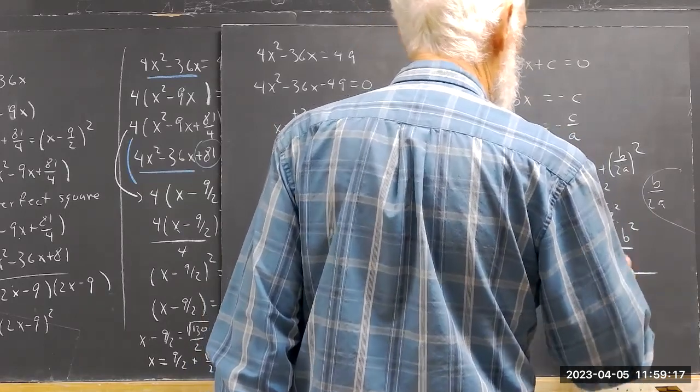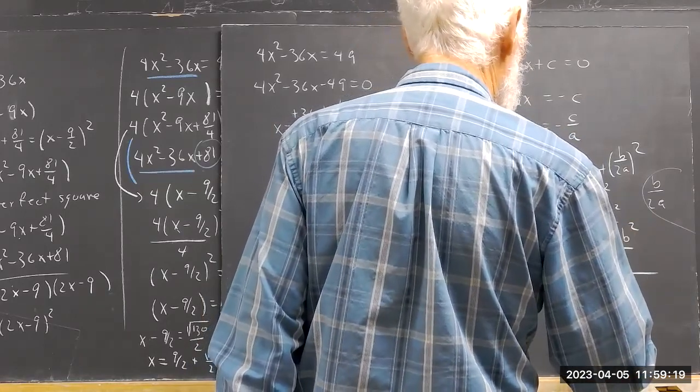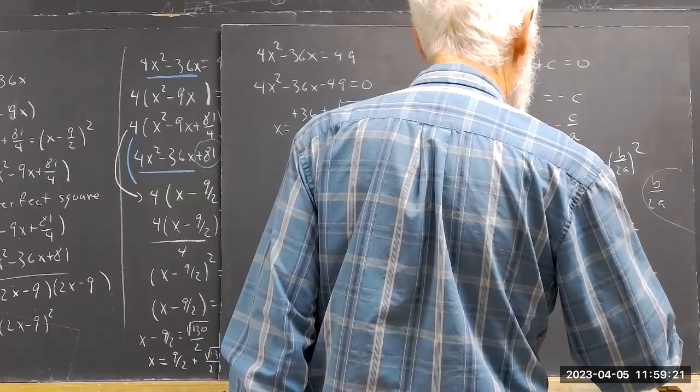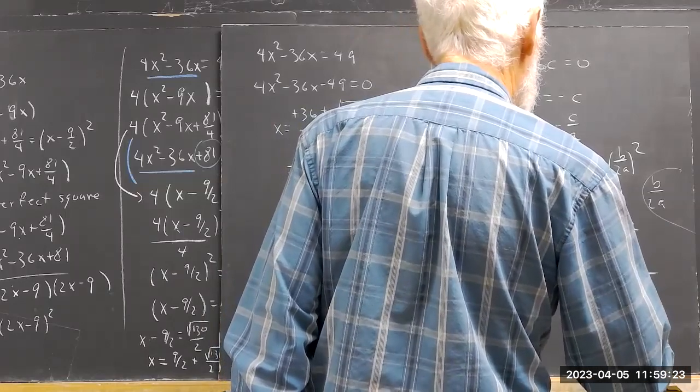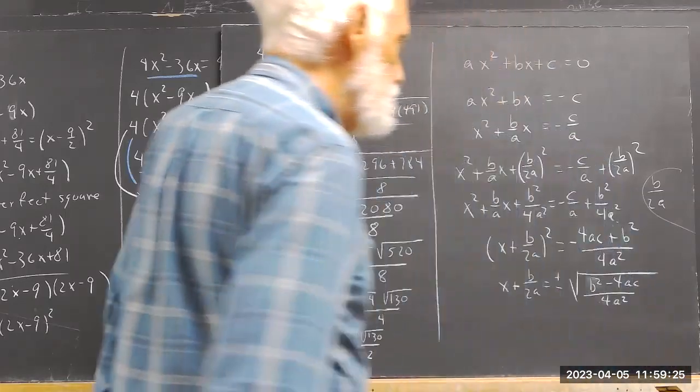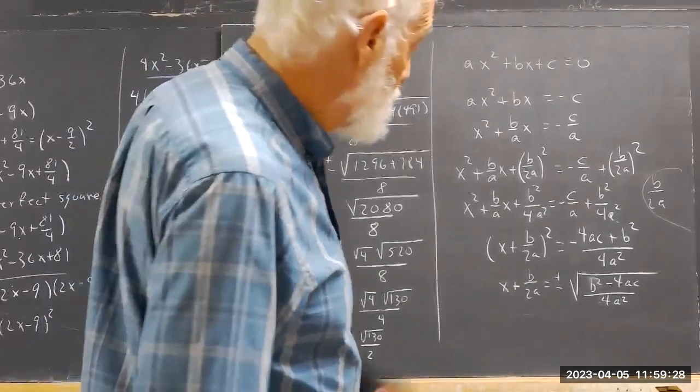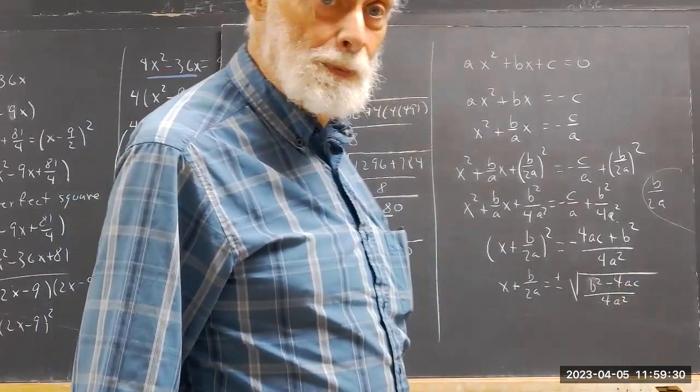Well, my negative 4ac plus b squared is going to be familiar. There's where my square root of b squared minus 4ac comes from.